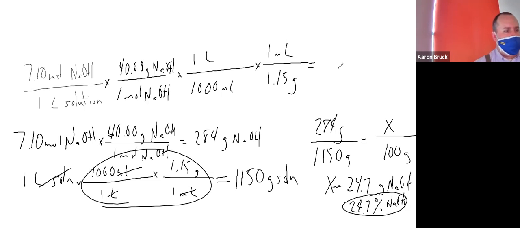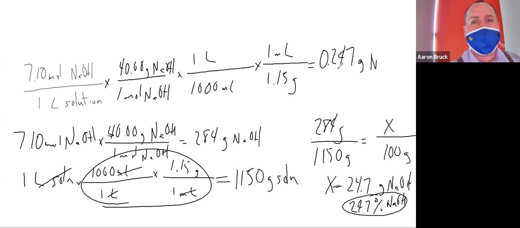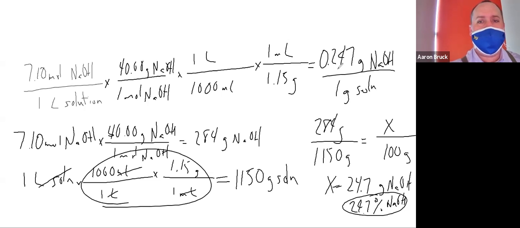Now, if you do this calculation, 7.1 multiplied by 40, divided by 1,000, divided by 1.15. What you would get to 3 significant figures, my solar calculator is hating me right now, is 0.247. Now that's grams of sodium hydroxide in 1 gram of solution.